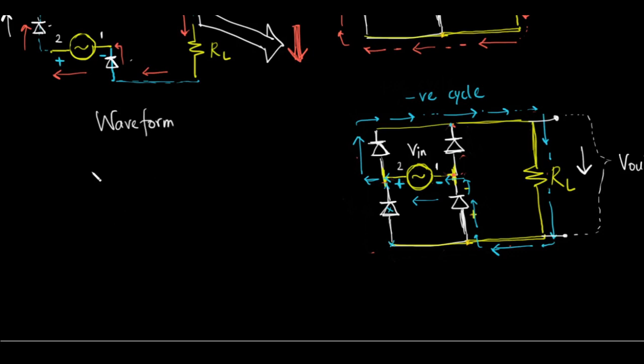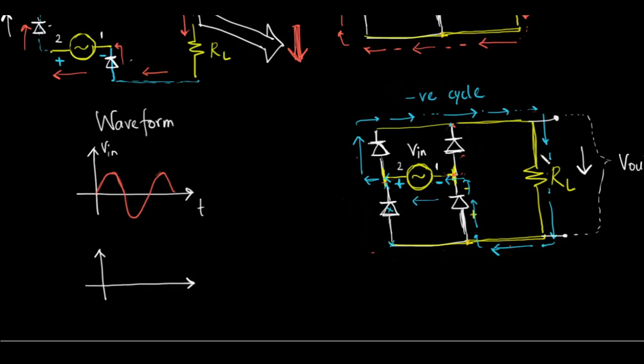The thing that we are plotting, you have to keep on the y-axis. This is V in and this is time. The graph of V in is the graph of a normal sinusoidal signal. So what is the graph of V out?